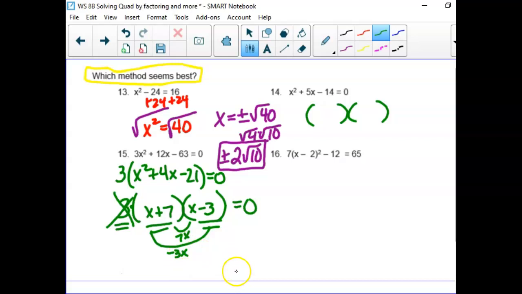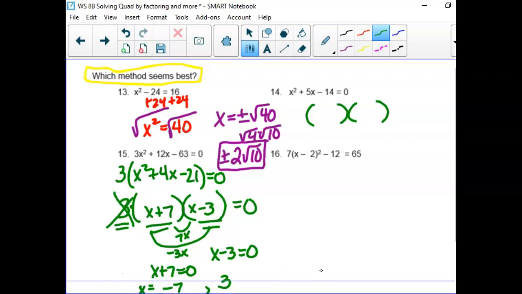If you wrote your parentheses, x minus 3 and x plus 7, that's fine. Doesn't matter what order you write them in. I don't know who said it was opposite. Is everybody okay now? Okay. So now when x plus 7 equals 0, negative 7 is the solution. And x minus 3 equals 0 would mean positive 3. So x equals negative 7 or positive 3.